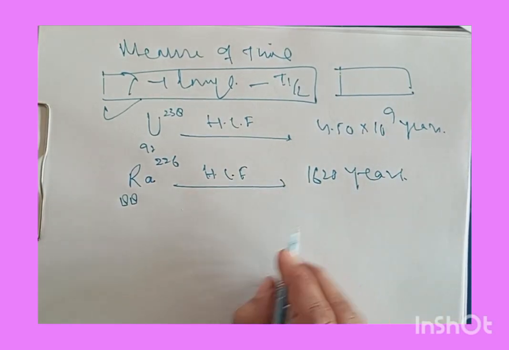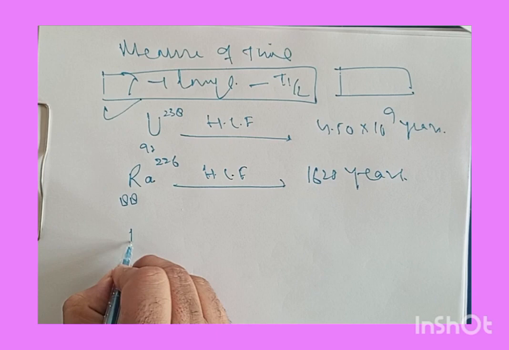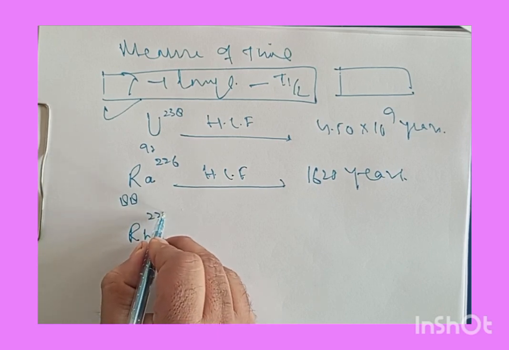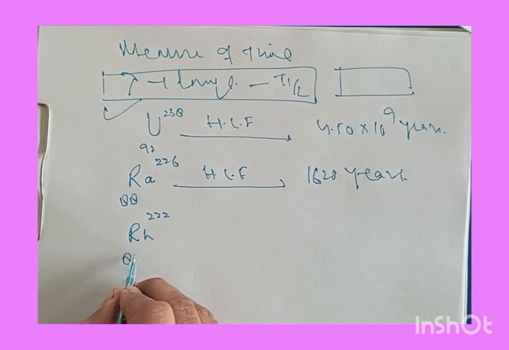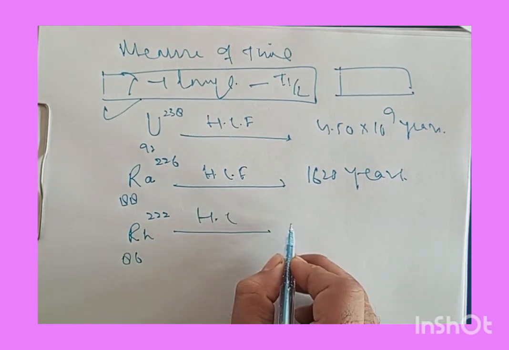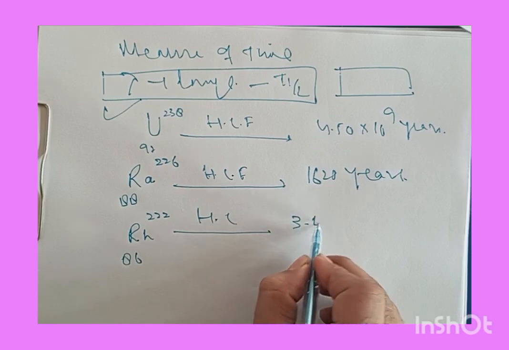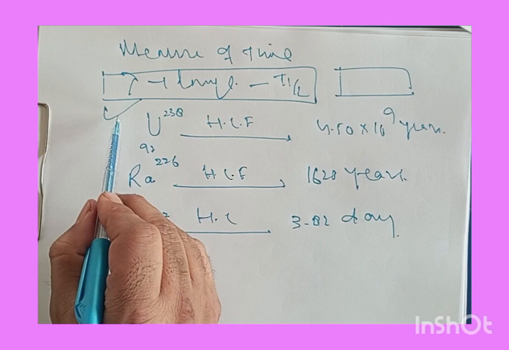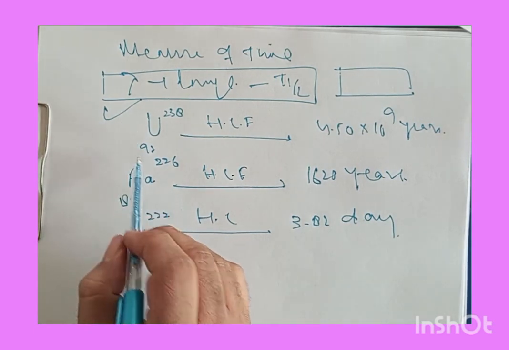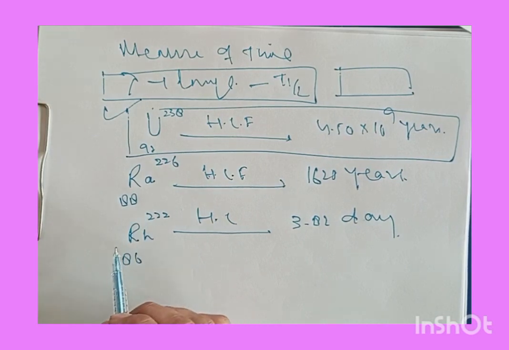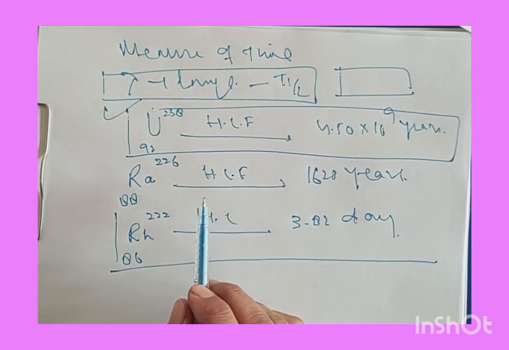And if we take radon, for example, with mass number 222 and atomic number 86, its half-life is 3.82 days. So we have elements whose half-lives are practically infinite, and we have elements whose half-lives are small.